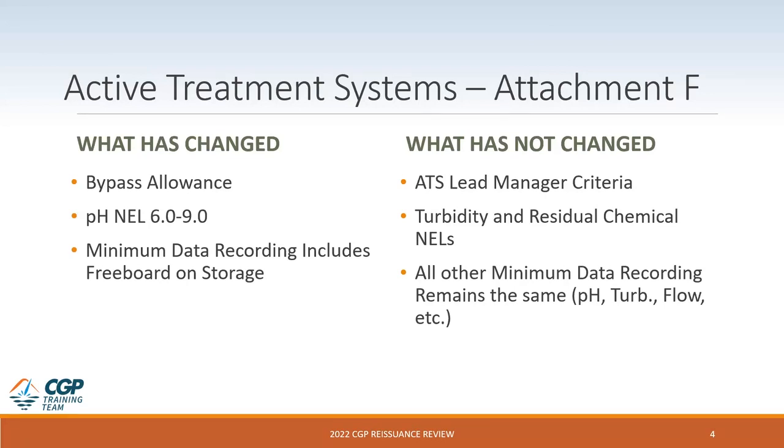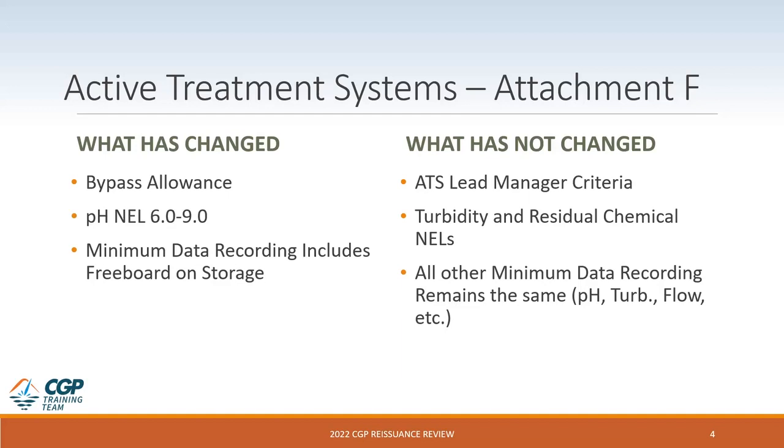Okay, so what has changed between the 2009 permit and the 2022 permit? What has changed is there is now a bypass allowance. There is now a pH NEL that has been added. And in addition to pH, turbidity, and flow, the things that we have previously been reading and recording, there is now a freeboard on storage requirement that is to be read and recorded and submitted to SMARTS every 30 days.